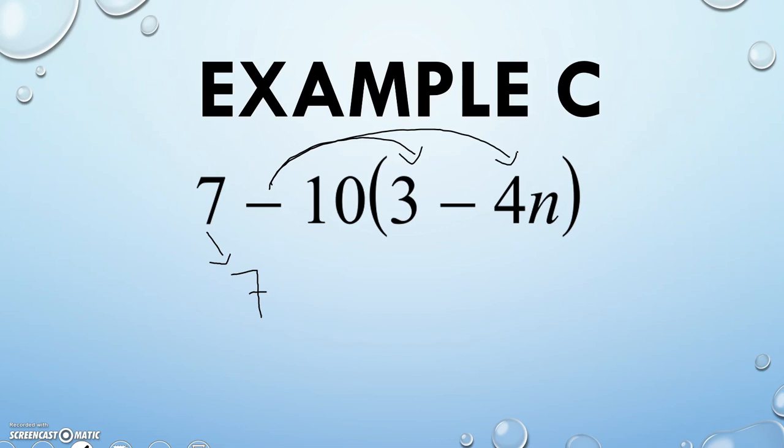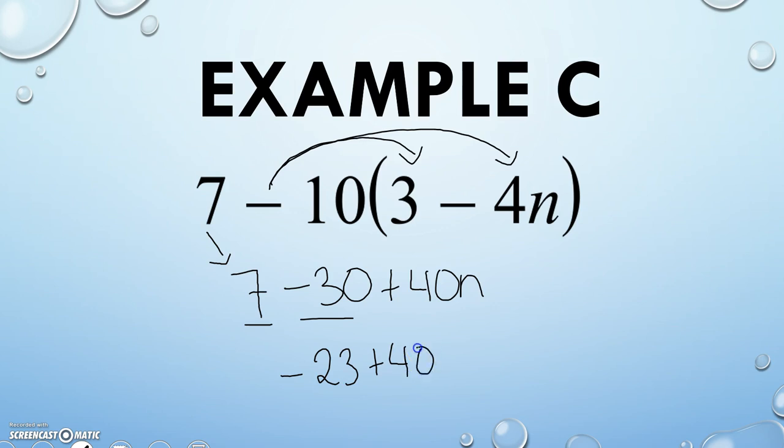Negative 10 times 3 is negative 30, and negative 10 times negative 4n is a positive 40n. And then we combine our like terms. So 7 minus 30 would be negative 23. And then we bring down our 40n.